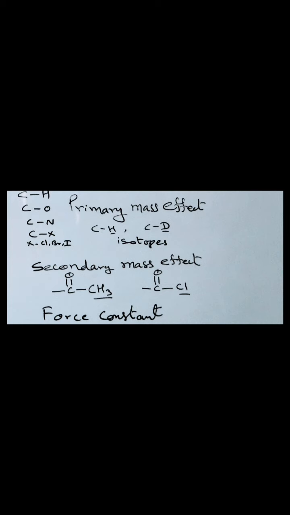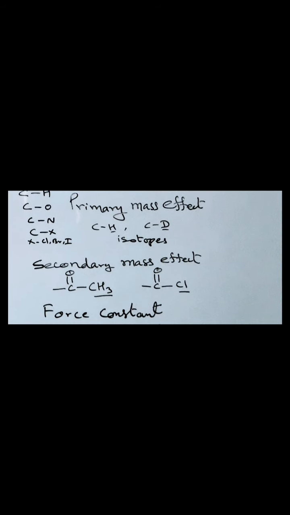Sometimes the atoms attached to the chemical bonds also influence through their masses. For example, the first compound is a ketone, acetone, CH3COCH3, and the second one is an acid chloride, acetyl chloride, CH3COCl. If you calculate the frequency of absorption of the CO group, since the CO group is connected to a methyl group in the first molecule and chlorine in the second molecule, the frequency of absorption of the CO group varies.